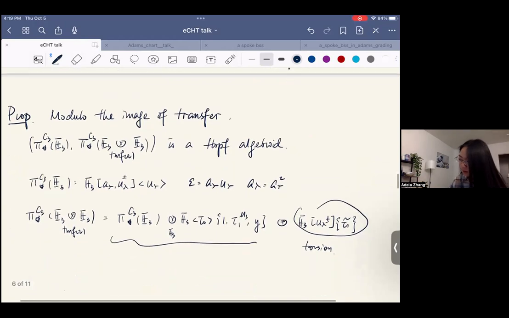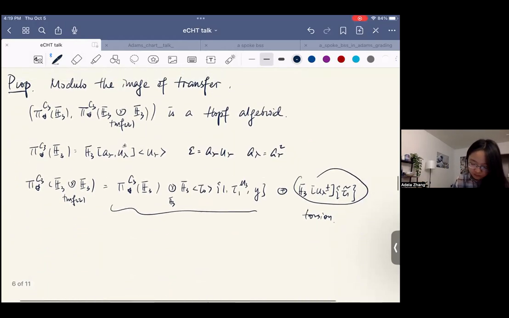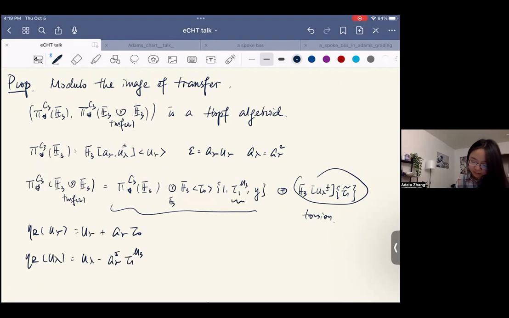And the right unit on u spoke is u spoke plus a spoke tau 0. And the right unit on u lambda is u lambda minus a spoke to the 5th tau 1 mu 3. So tau 1 mu 3 is this element living inside the Hopf algebroid.